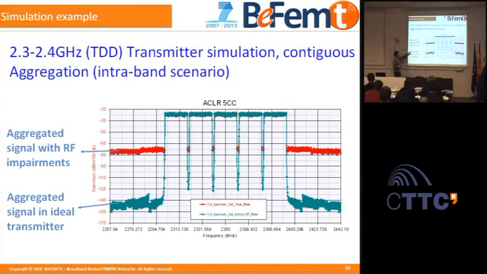Here you can see the contribution of the impairments of the 5 transceivers. This was simulated with 5 independent carriers sharing the power amplifier, because the power amplifier could cover the 100 MHz band without any problem, but using 5 independent transmitters. This also fulfills the 45 dB for ACLR.